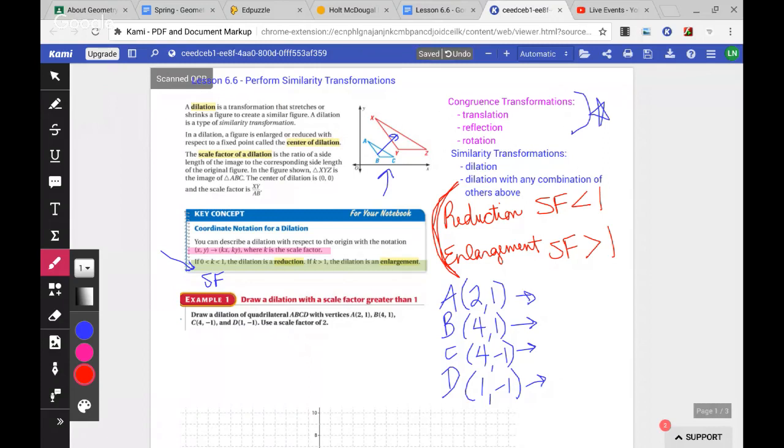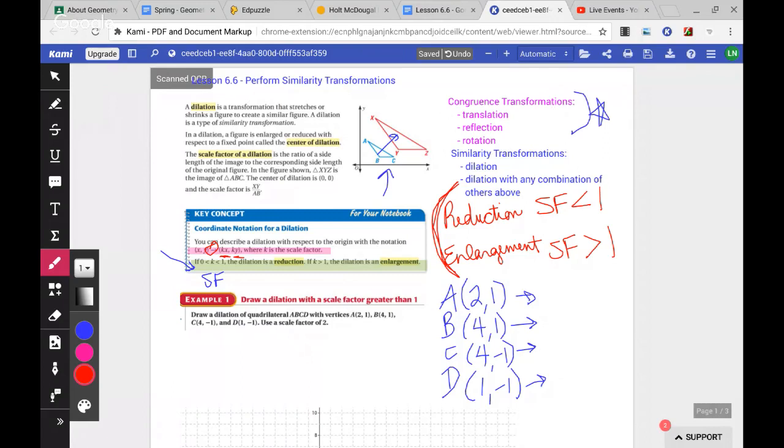The part highlighted here in pink is the coordinate notation. When we did transformations a little earlier in the year, we used this notation, and it's basically how it changes. That little arrow in the middle, remember, stands for change. This time we're multiplying k times x, and k times y, because k is the scale factor.